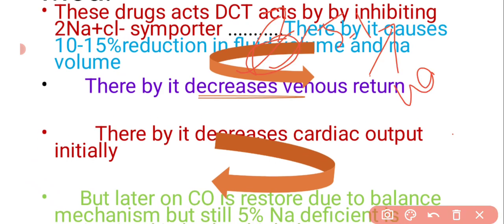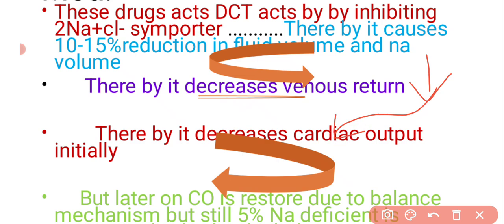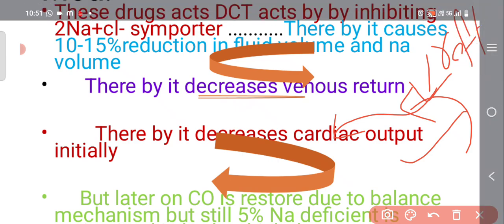When the fluid volume is reduced, the venous return to the heart is reduced, so the amount filled in the heart is reduced, and therefore the cardiac output is also reduced. But on chronic, long term use, this cardiac output is restored because of reflex sympathetic activity and reflex mechanisms.